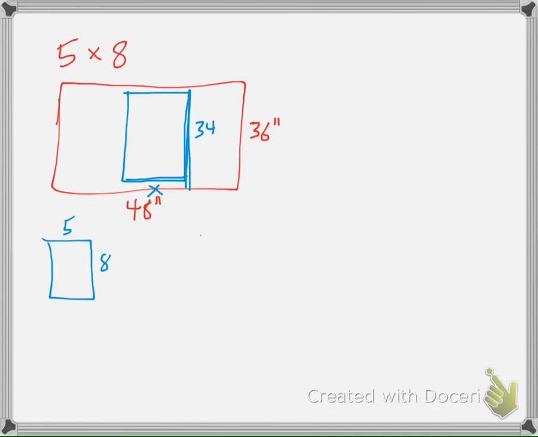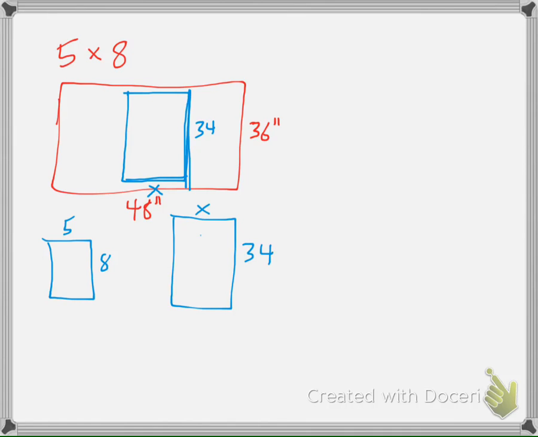I know that it can be 34 inches tall, which is the length of the picture. So this is 34, and this is my unknown quantity, right? If I want to make it fit on this poster board, then it can't be any taller than 34 inches tall to have that 1 inch border. But then width-wise, I'd have to solve.